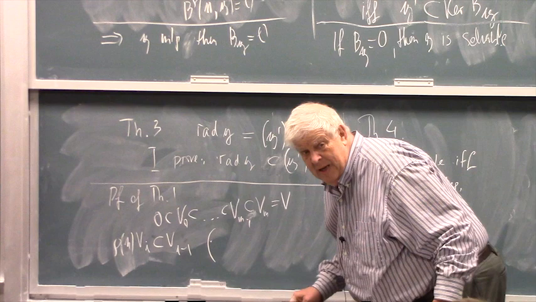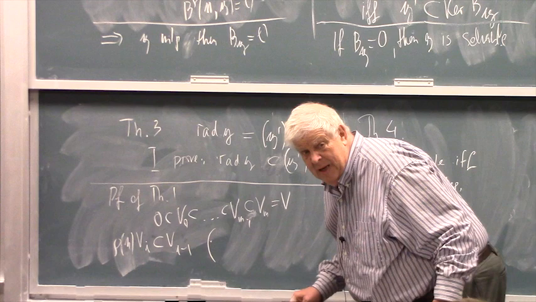Well, because kernel BG is 0 means precisely this. So if this is 0, then from our corollary this is 0, and the nilpotent radical should be contained in this. So it is contained in 0.